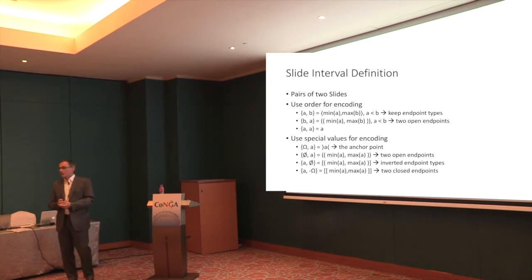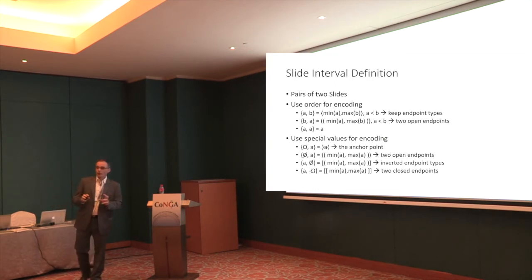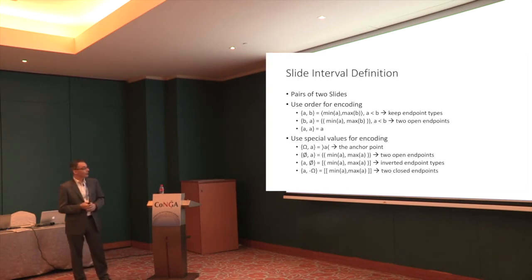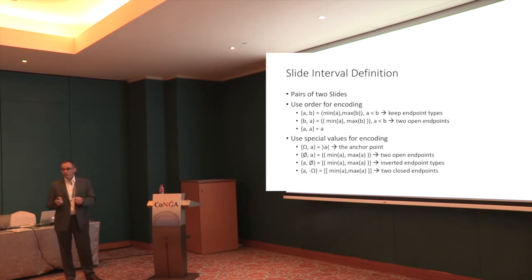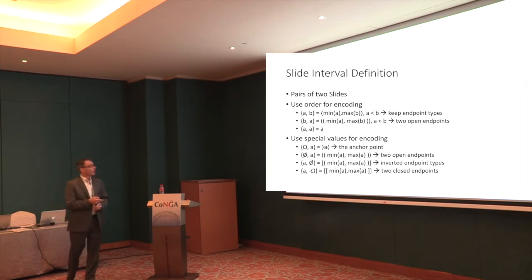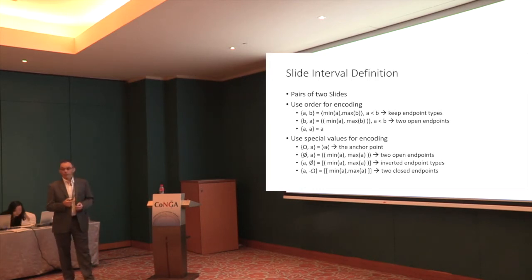Now, similar to U-bounds, we can pair two of these values to start expressing larger intervals, and also special combinations of other endpoints for the minimal intervals. So the first part here uses the order as an extra bit of information that we can use to encode other endpoint types.